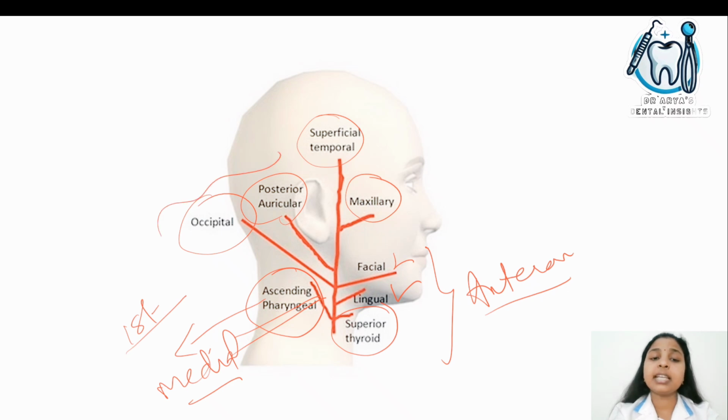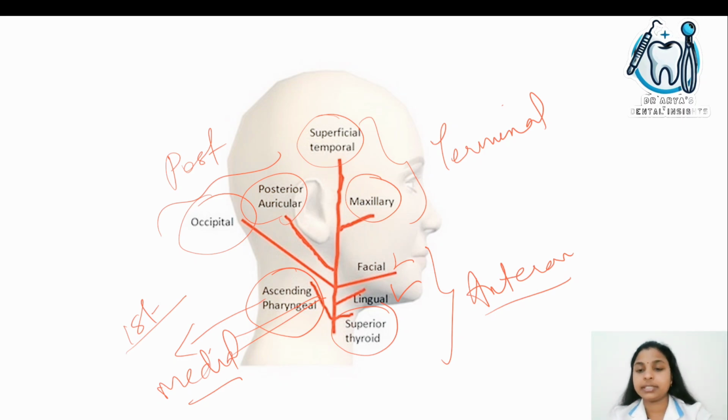Then these are the posterior branches. Which are the posterior branches? Occipital and posterior auricular arteries. Then the superficial temporal and maxillary are the terminal branches of the external carotid artery. So these are very, very important. So which is the very first branch of the external carotid artery? It is the ascending pharyngeal artery.